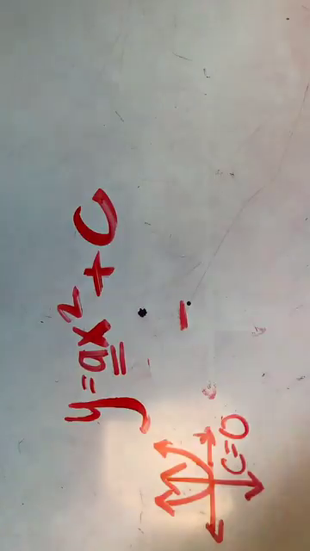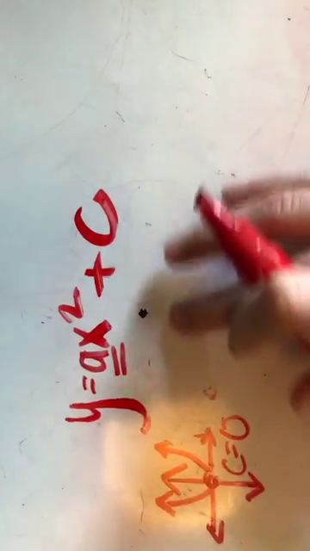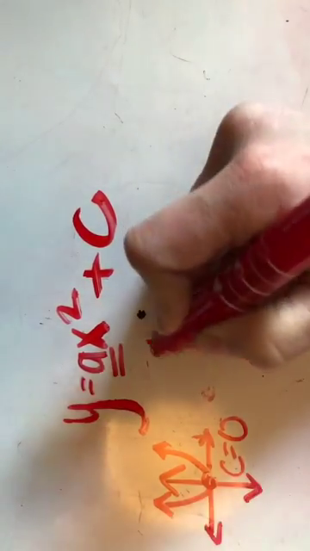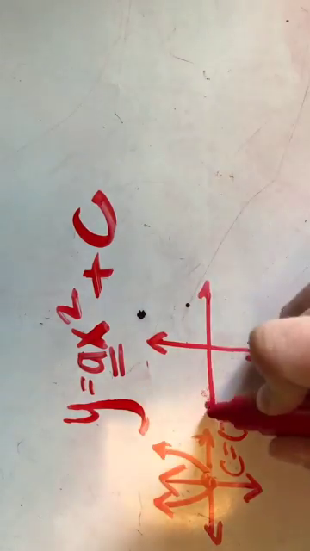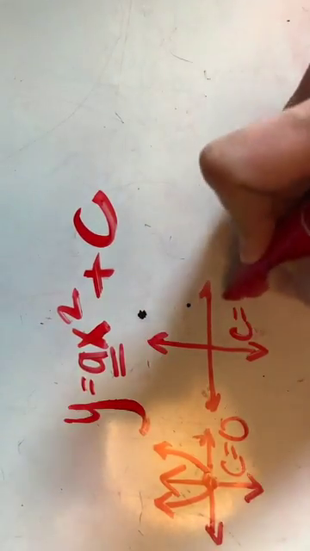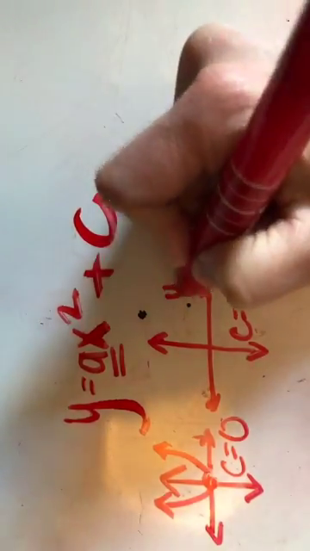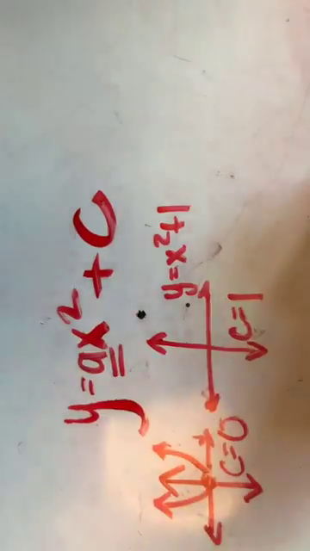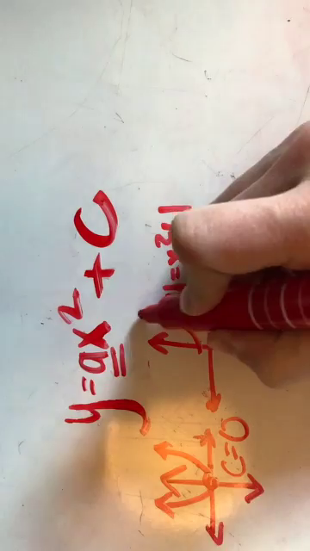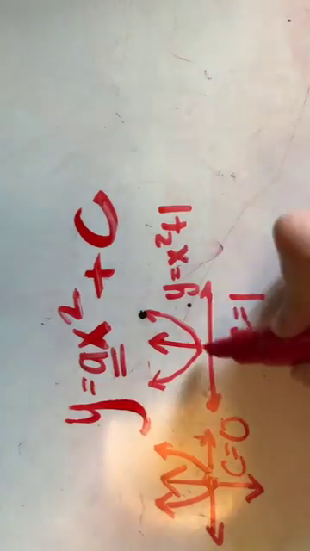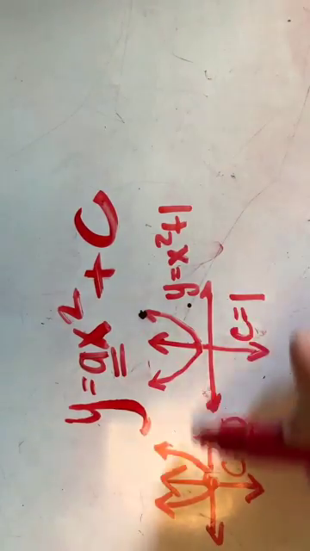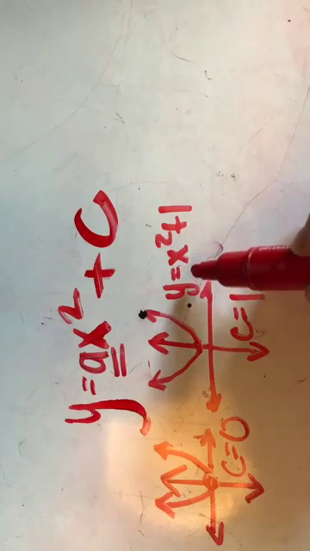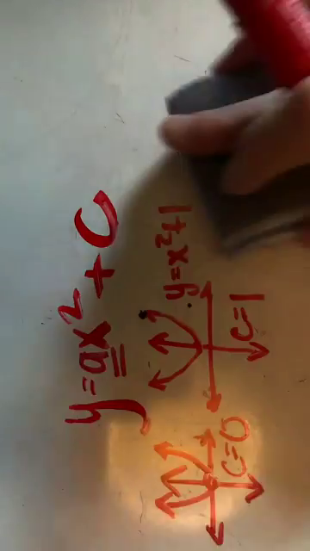So that's where it would just start right here on the y-axis. Now, if we have something where c maybe is 1, so y equals x squared plus 1, that means it's going to move up the y-axis 1. But it's going to be the exact same shape as the plain x squared. It's just going to be up 1.